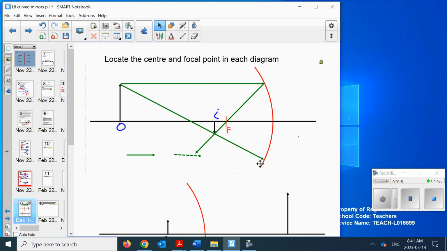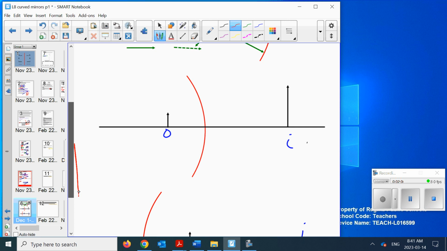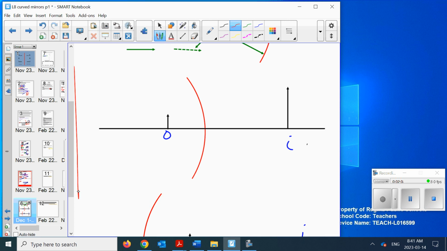So this must be the center. Okay, so there, I located the center and the focal point with two rules. No need to use all three. This is obviously a virtual image because it's behind the mirror. You know it's behind the mirror because the object is on one side of the mirror, in between the image and the object. Okay, so this one got a little tricky.